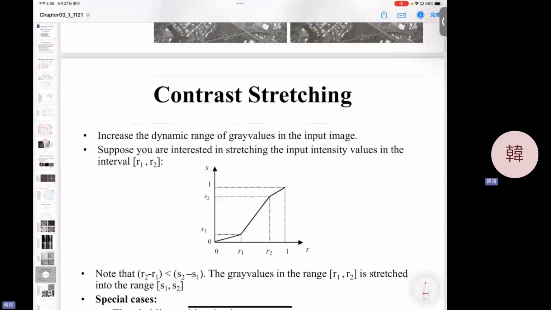Okay, so how about stretching? We want to enhance the contrast of the image, and you can also apply a linear one. The power or the logarithm is sometimes too much for the image, and sometimes you want to enhance different gray level intensity ranges differently.